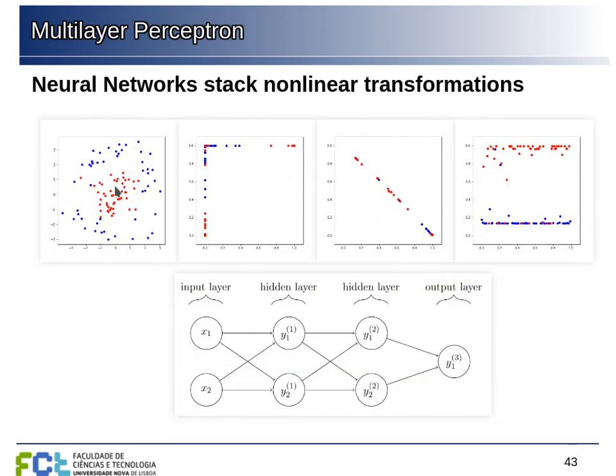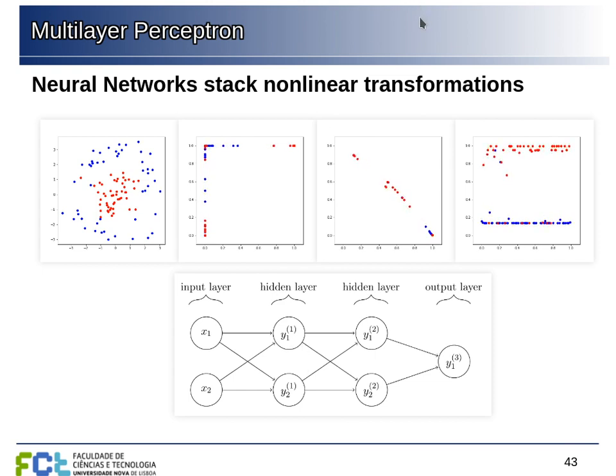This is a slightly more complex data set where we have the red points in the middle and the blue points around. But now we have additional layers that change the representation until the final layer is able to separate red from blue fairly well, because now it's only looking at the representation created by the previous layer, which in turn is a transformation of the representation created by this other hidden layer.